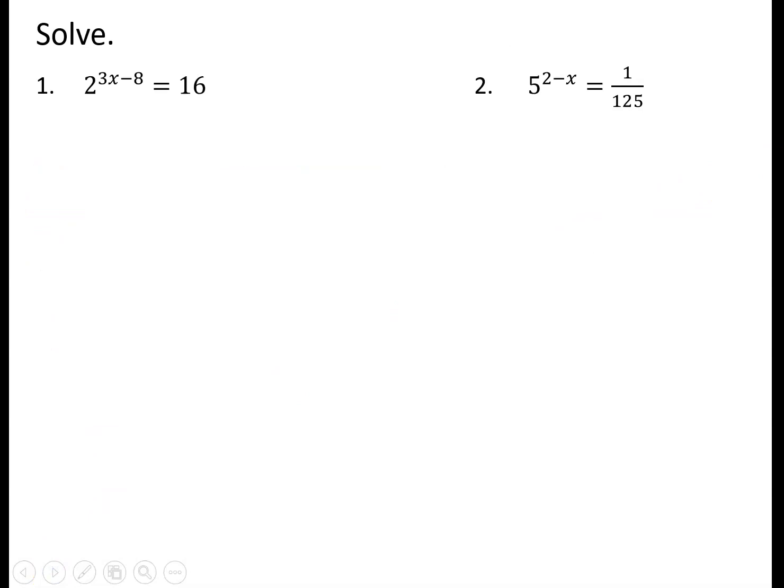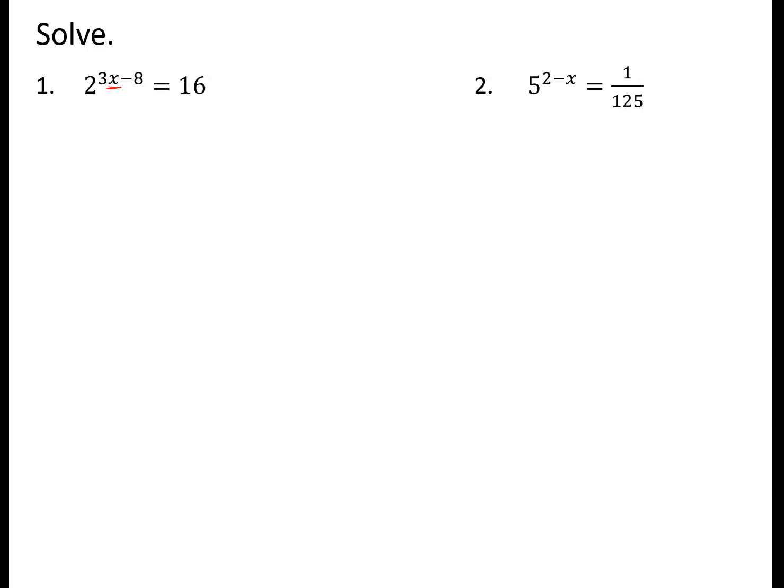Number one, we see that our variable is up here in the exponent, and that's what makes it an exponential equation. We look at that side and see that the base is 2. So my goal is to write the other side of the equation also with a base of 2.